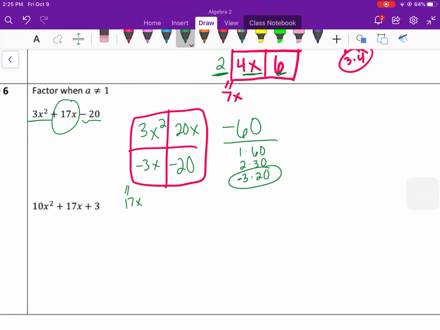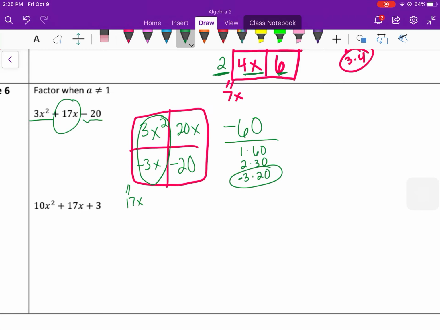If I set it up like this, then since these two both have a 3 in them, my 3x goes here, and then I have to put 3x times x to get 3x squared. Then x times 20 gives me 20x, and then 3x times negative 1 is negative 3x, and then negative 1 times 20 is negative 20. So my answer is 3x plus 20 and x minus 1.